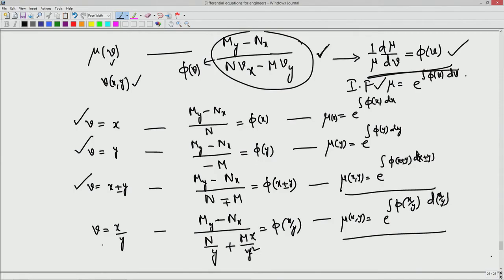So the most standard methods are v equal to x and v equal to y. You always verify whether this one or this one will work. Most of the textbooks show these, and this is the procedure that works. This is how you can convert many non-exact equations in different forms into an exact equation and then solve it.